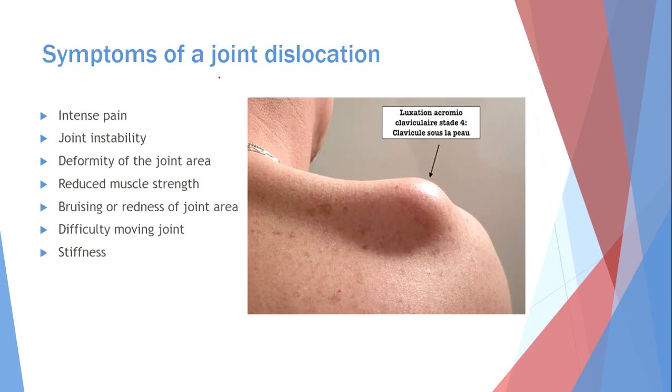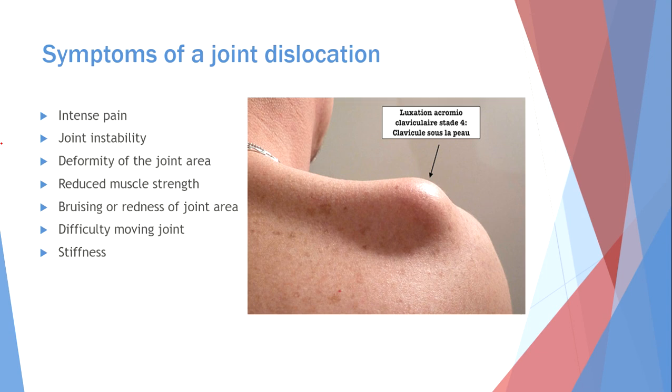Symptoms or signs of joint dislocations: intense pain, joint instability, deformity of the joint area, reduced muscle strength, bruising or redness of the joint area, difficulty moving the joint, and stiffness.